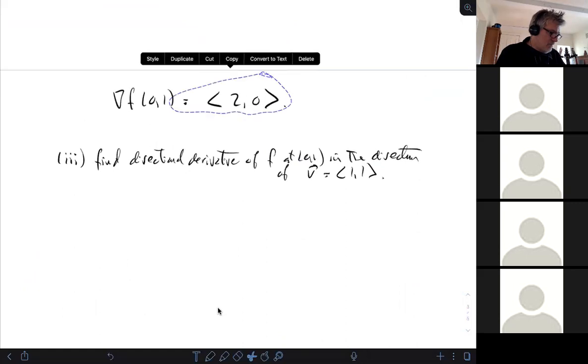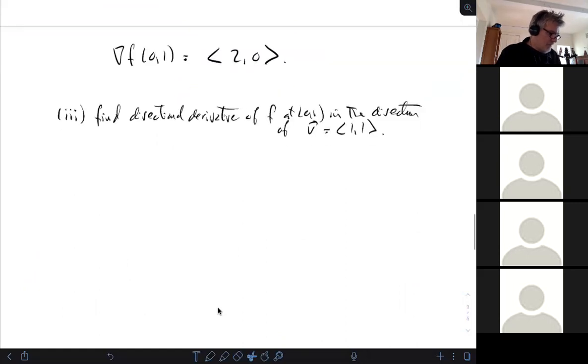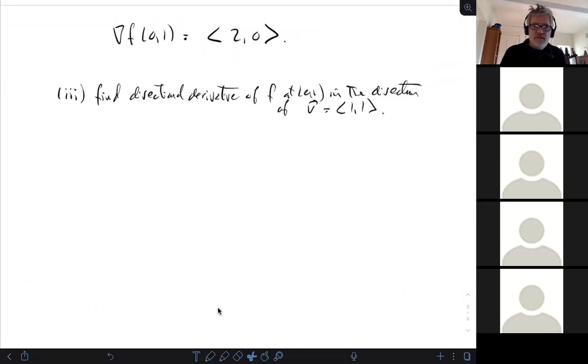There we go. Okay, so I'm asked to find the directional derivative of f at that point, and I've got the gradient, so I know I can use that, but I have to be careful. The vector v is not a unit vector.